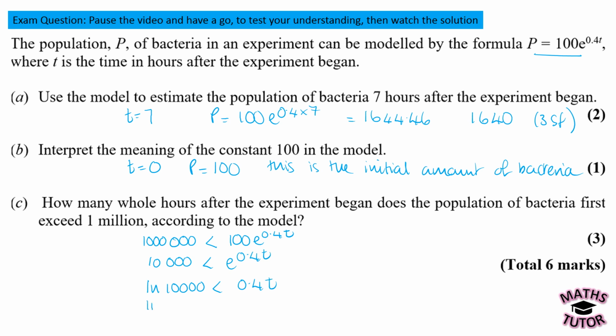If you do the ln of 10,000 divided by 0.4, that has to be less than t, and that is 23.025 has to be less than t, so t is equal to 24. So after 24 hours, the bacteria in the experiment will exceed 1 million, and you can put the 24 into the formula and you will see that that is the first time P goes bigger than 1 million.